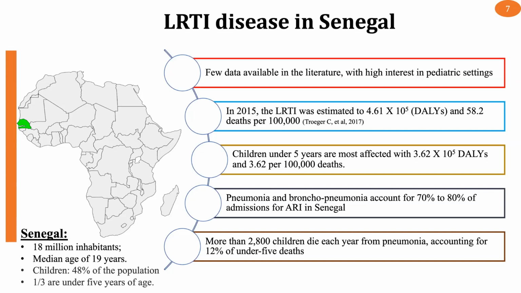And a study in 2015 estimated that lower respiratory tract infection was associated with high incidence of DALYs, but also of death. These figures are mostly from young children under 5 years, with DALYs estimated at 3.62, 10.9.